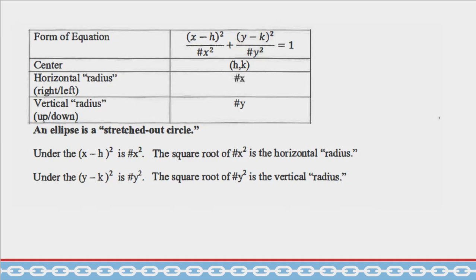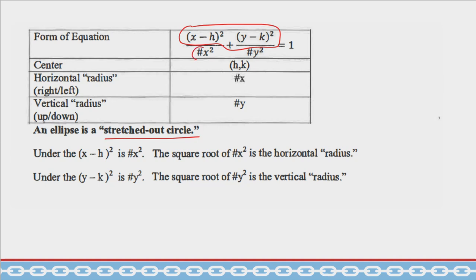So the formula for an ellipse looks fairly intense, but what we see here is the formula for a circle, which makes sense since an ellipse is just a stretched out circle. And it's actually going to have two different radii, an X radius and a Y radius.